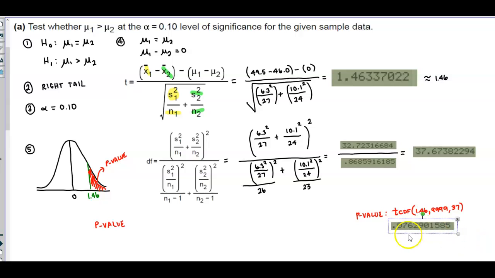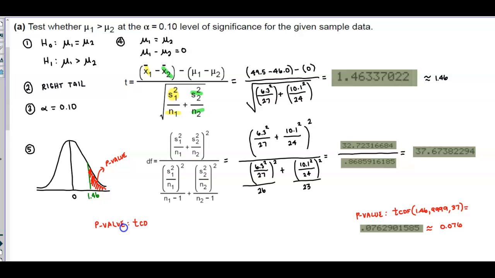Okay, and then we would round that to 3 decimal places, which gives us 0.076. Now, the book also tells us that we can find the p-value by doing the following. We can still do the same thing.